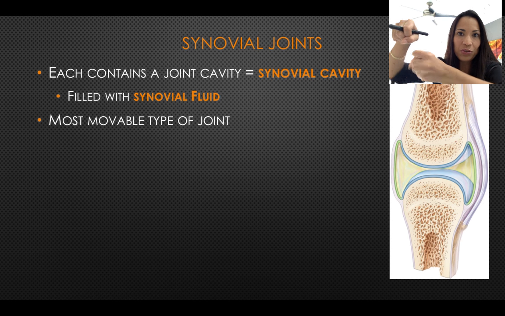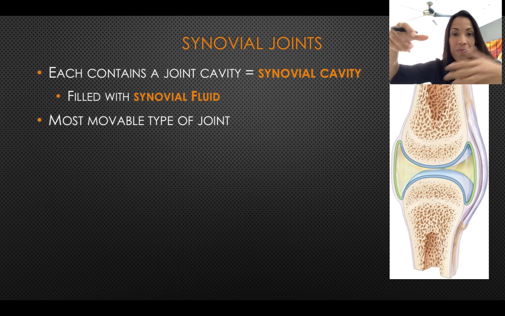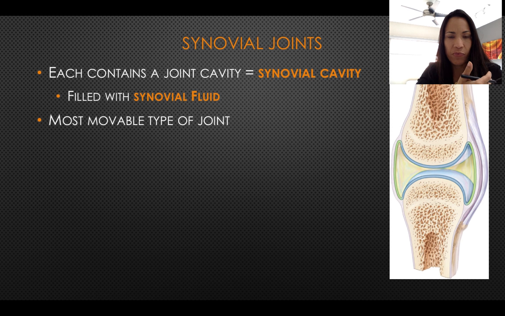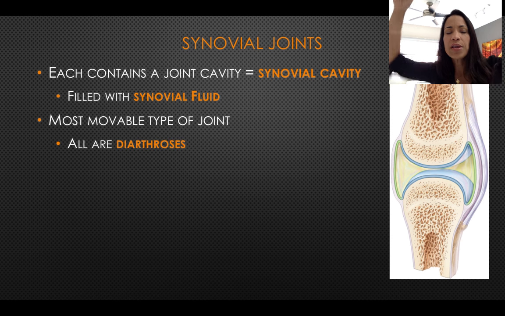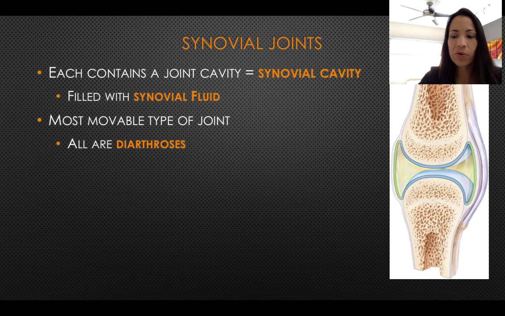So this allows these joints to move even better than the ones that we described before. So these are the most movable type of joints. They all are diarthrosis, freely movable joints, okay?